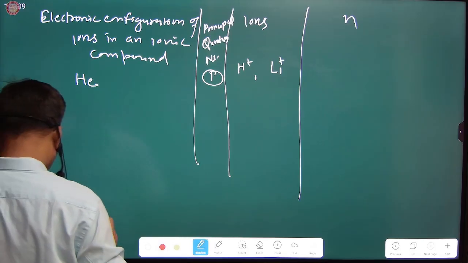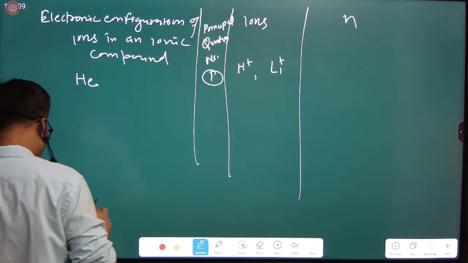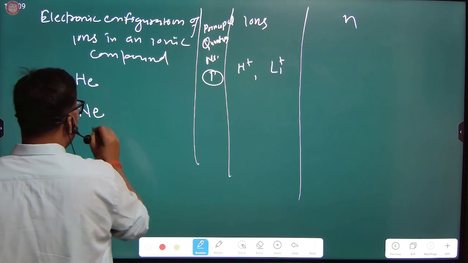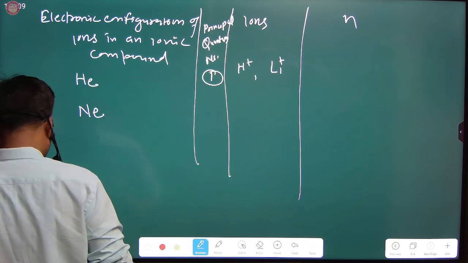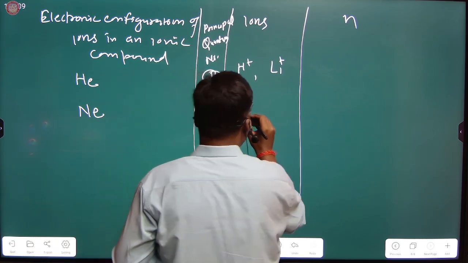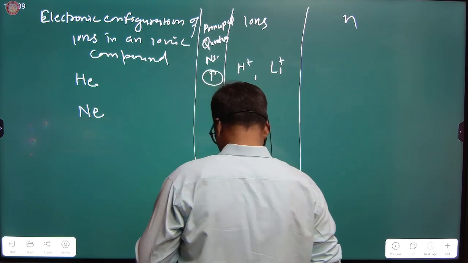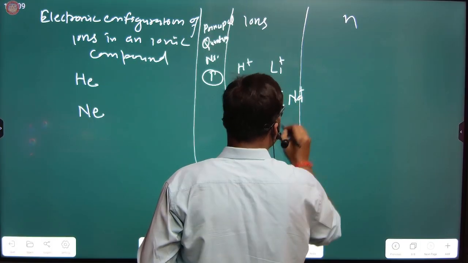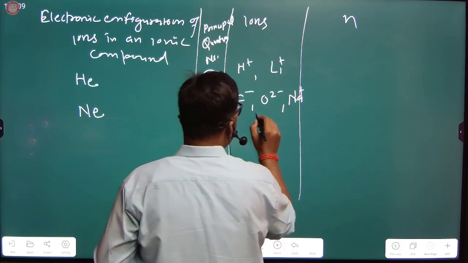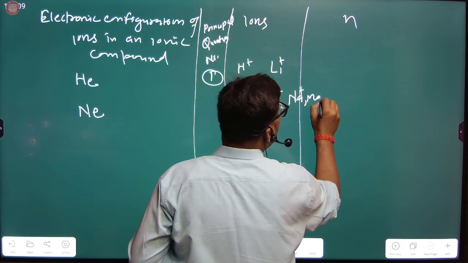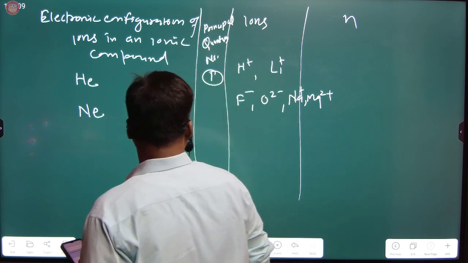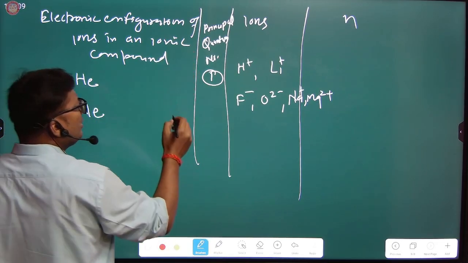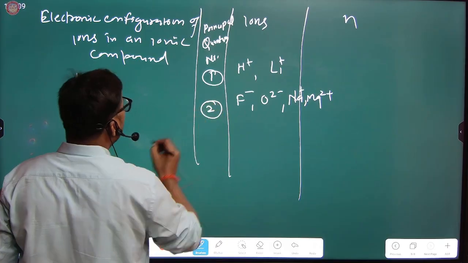And if the ions have an electronic configuration like neon, for example F minus, O2 minus, Na plus and Mg2 plus, then the principal quantum number here is 2.